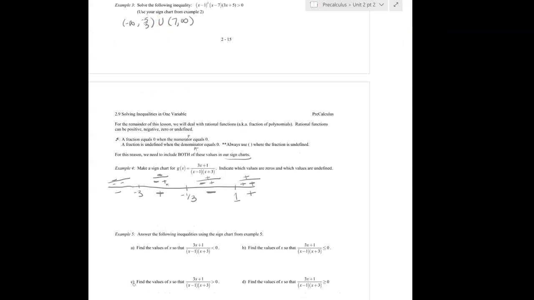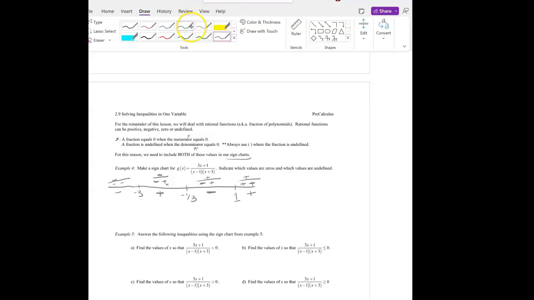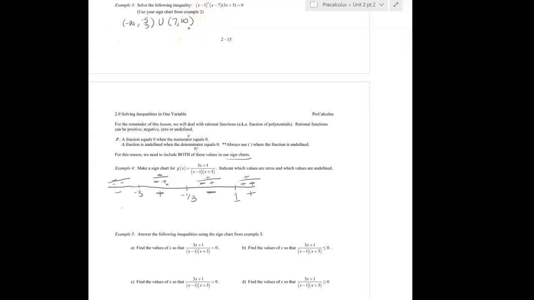Now to answer the following inequalities using our sign chart. It says find the values of x so that this whole expression is less than 0. Less than 0 just means my y values are going to be below the x-axis, otherwise known as they are going to have a negative sign on my sign chart.